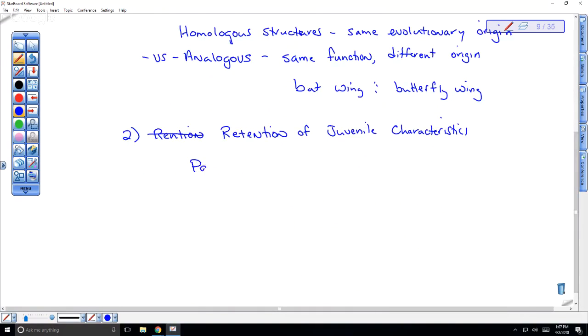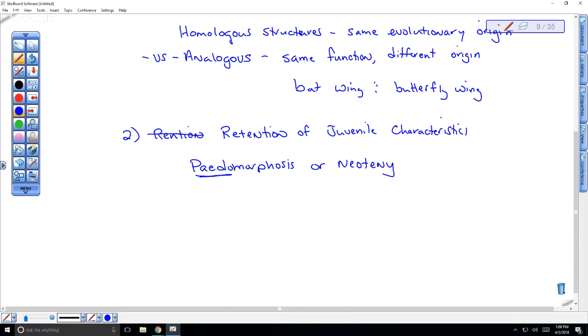It actually has 2 names. It can be called paedomorphosis, or it can be called neoteny. So paedo means ancient form or old form, and neo kind of means new. Right? So these are the retention of a juvenile characteristic.